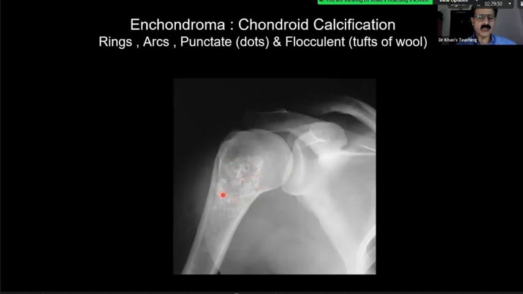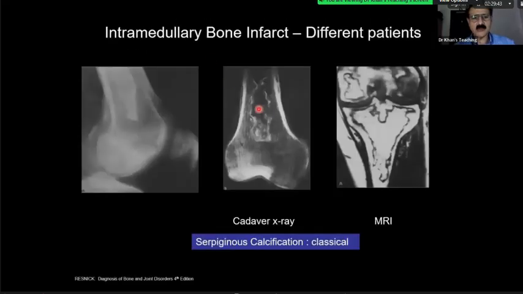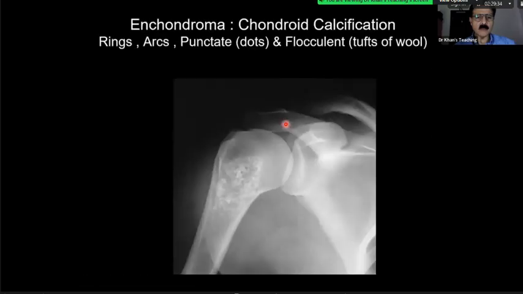Point to remember is that an enchondroma will have this kind of calcification. A bone infarct will usually have a serpiginous type of calcification. And this is how you discriminate, because both of these conditions can show malignant transformation.